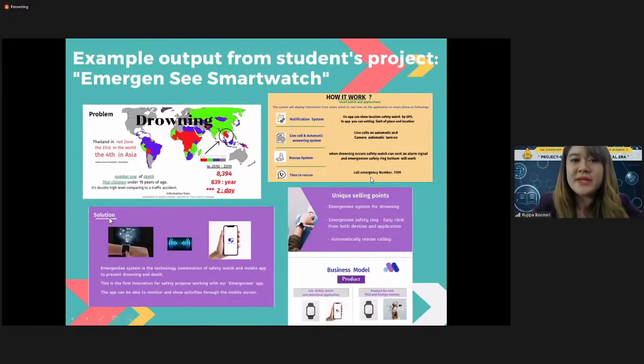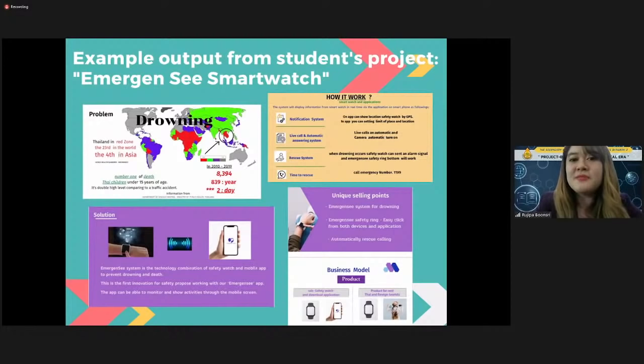Let me give you one great example output from the project-based learning that demonstrated the application of computer science. Our students from Siri Ratanathon School came up with an idea to create an emergency smartwatch with a high efficiency application on mobile phone.